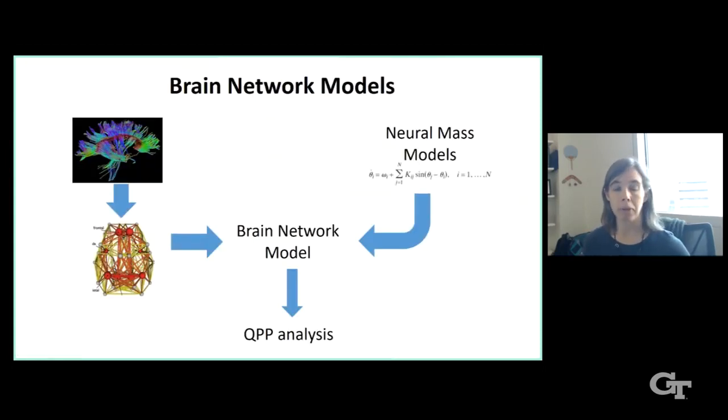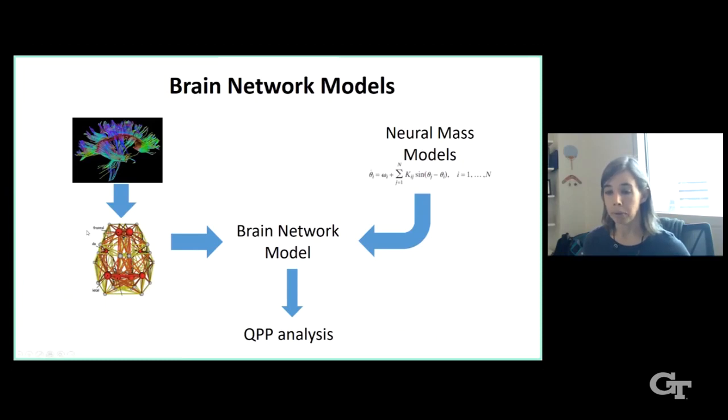Okay, so to look at the first hypothesis, we decided to make a brain network model. And the way this works is you take the structural network of the brain, which you can measure with something like diffusion-weighted MRI to figure out how many fibers go between areas, or you can use viral tracing. It just depends on your species.